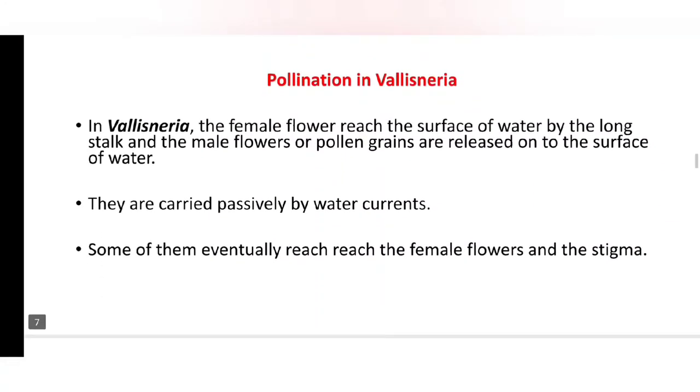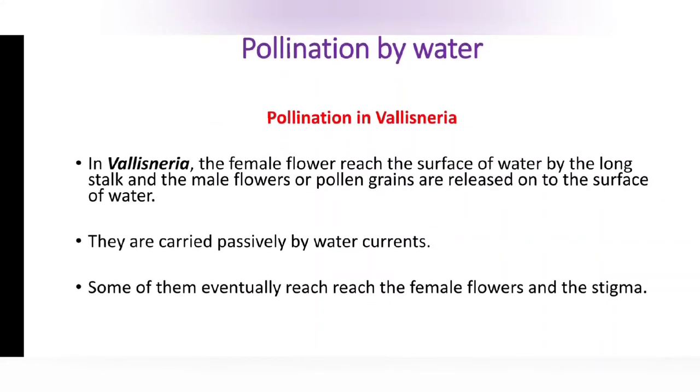Then, pollination in Vallisneria. In Vallisneria, the female flower reaches the surface of water by means of a long stalk, and the male flowers or pollen grains are released onto the surface of water. Both take place on the surface of water.